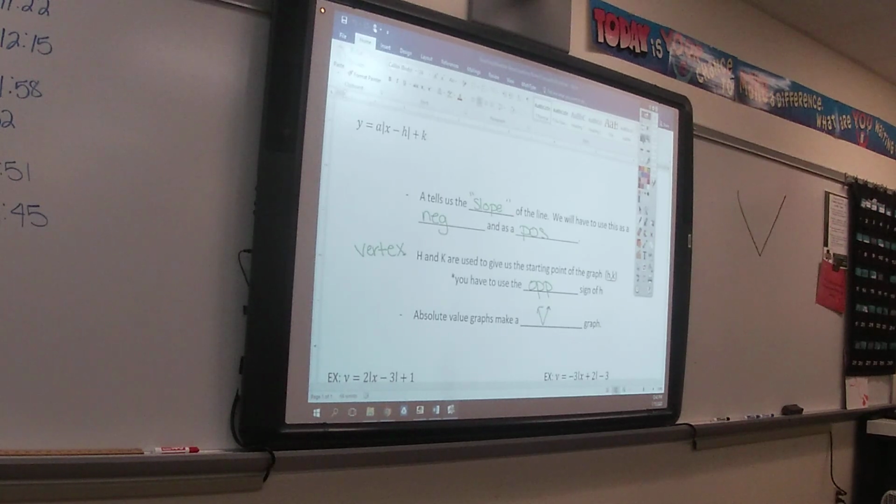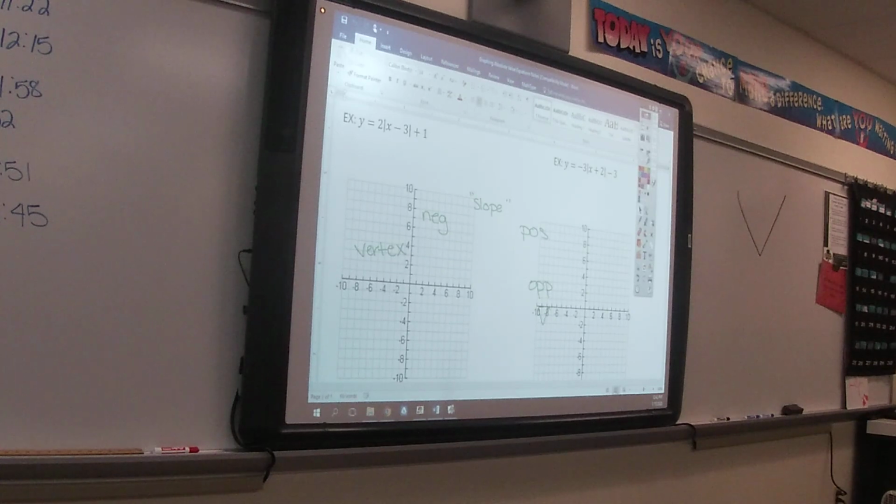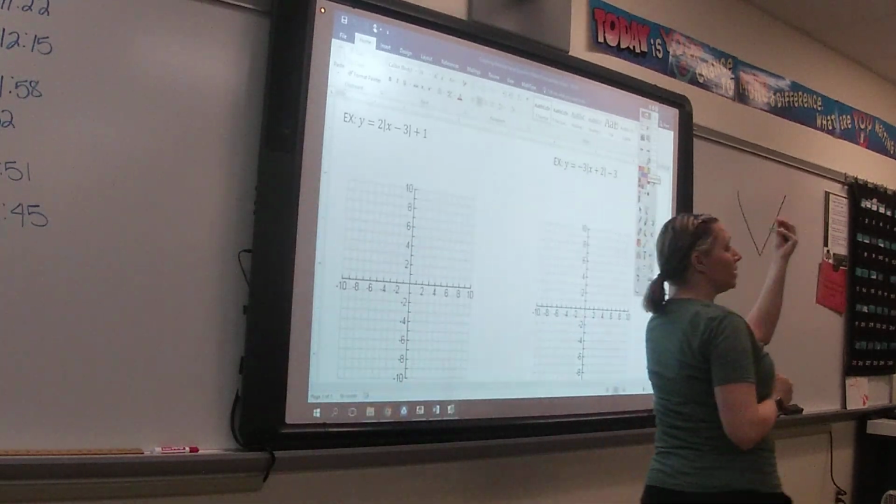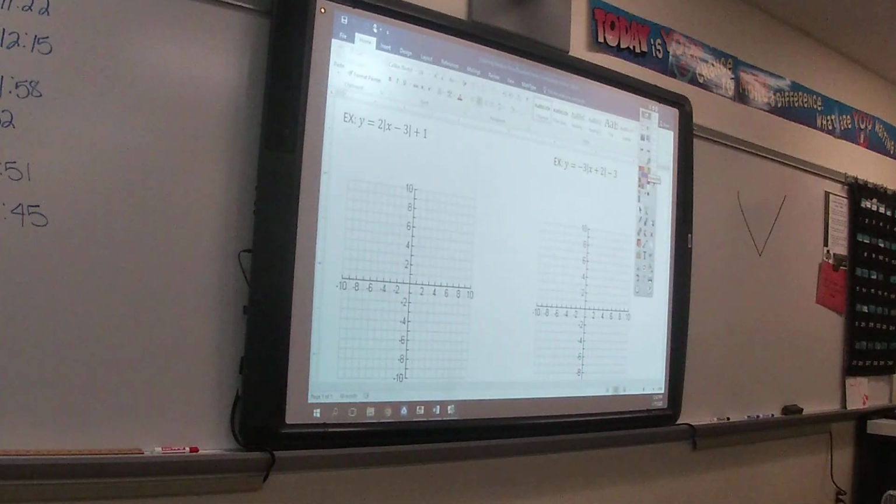So the idea of absolute value actually works almost exactly the same as graphing in point slope form. Right? In point slope form, we needed a point and we needed a slope. So it's a very similar idea to what we're looking at today.